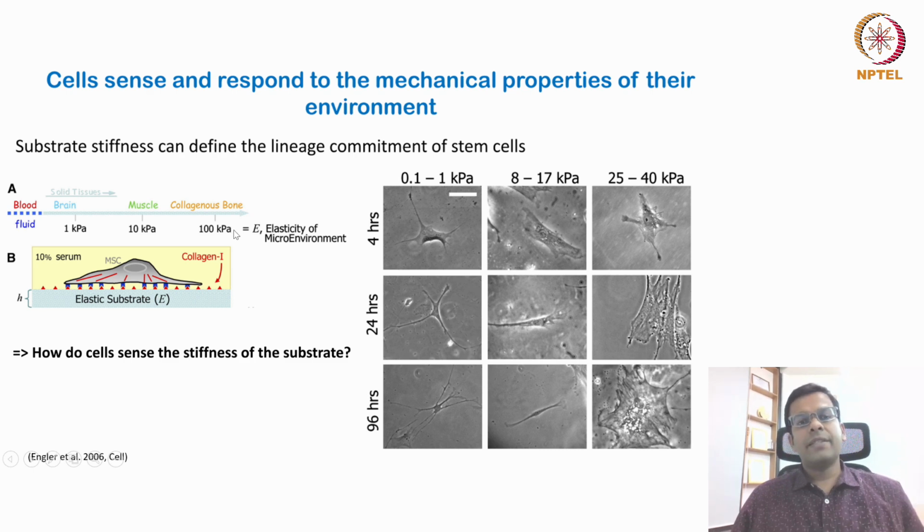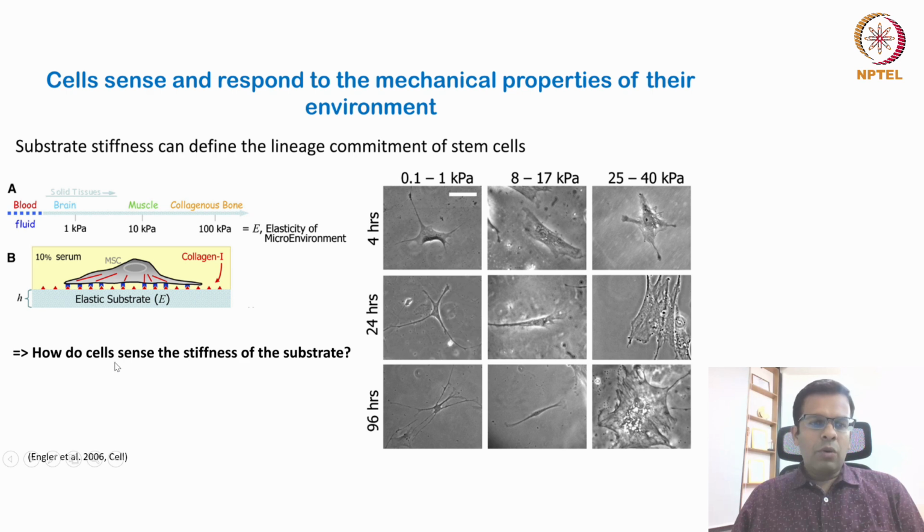Generally the stiffness is measured as the elasticity of the microenvironment. So you see blood or fluid, then brain, muscle and collagen bones, all of them have a different stiffness, or this is the elasticity of the microenvironment.